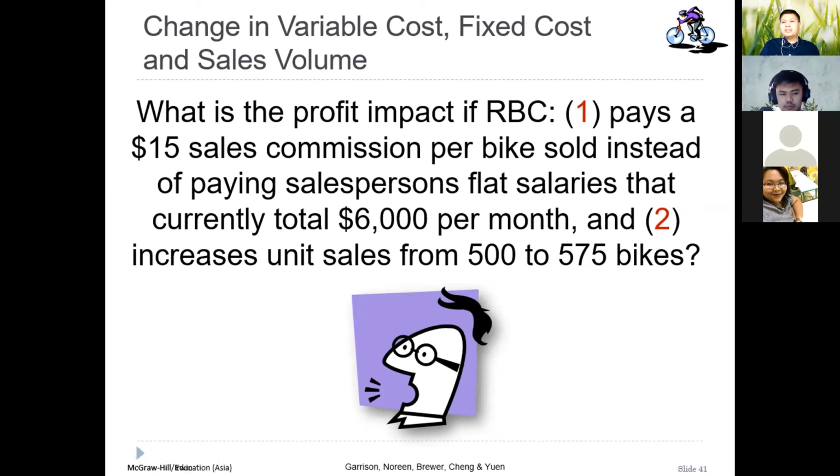Pero pag binigyan pala siya ng commission, and in the literature, that is supported, if the salary is based on a certain performance level, tumataas yung performance ng tao. Like in this case, the sales increased from 500 to 575 bikes.